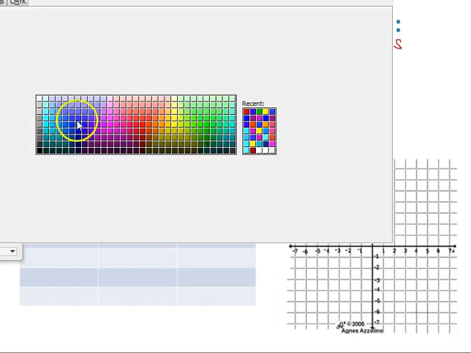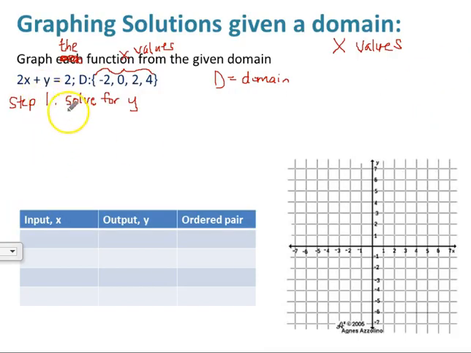I'm going to change colors here to make this a little easier to follow. So when I solve for y, I've got 2x plus y equals 2. How do I solve for y? I need to get y all alone, so I need to move this 2x to the right side of the equation. I'm going to do that by subtracting 2x from both sides.